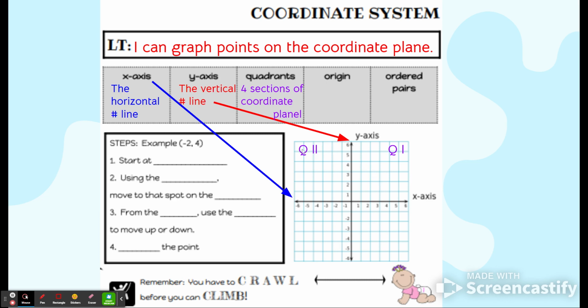And notice that next to this Q for quadrant 2, I have the Roman numeral of 2, which is 2 lines instead of the number 2, because the quadrants of the coordinate plane are labeled using Roman numerals. So that's another important concept you need to be familiar with. Make sure that when you're writing these on your notes, you're writing it with the Roman numeral and not with a regular number, because that would be incorrect.